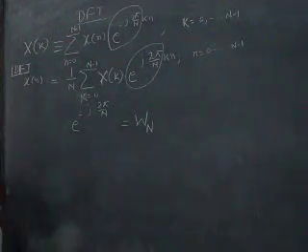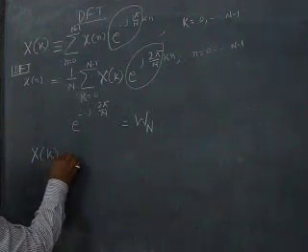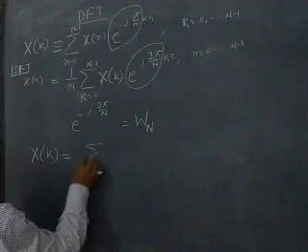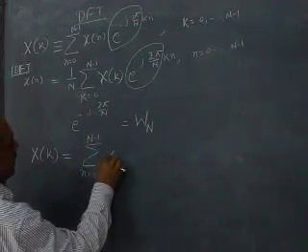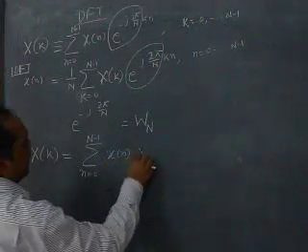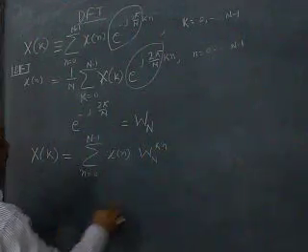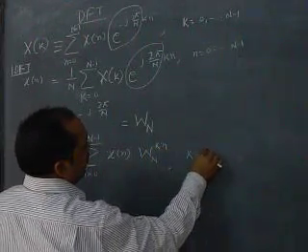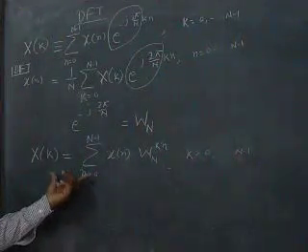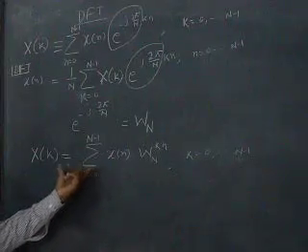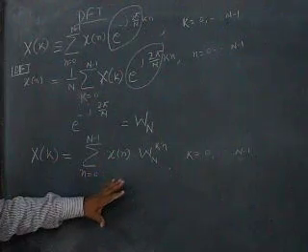Now if we consider this function, the X of k may be represented in this manner: the sum for n equal to 0 to N minus 1 of x of n times W_N^kn, where k is 0 to N minus 1. Again, we have represented the DFT using the twiddle factor W here. Any doubt?